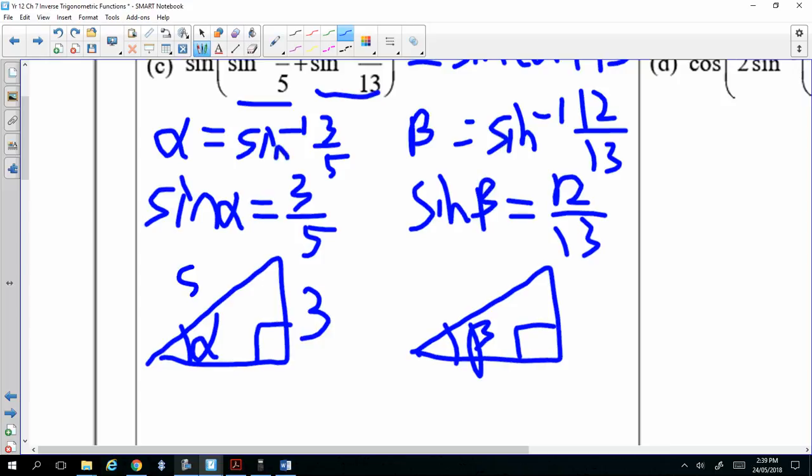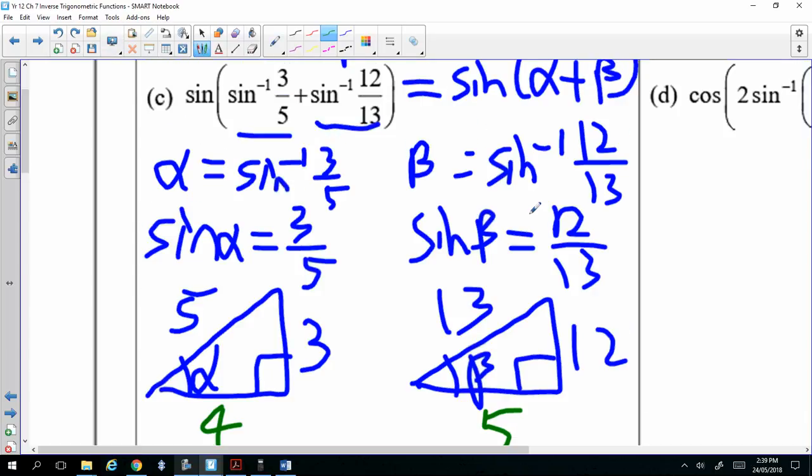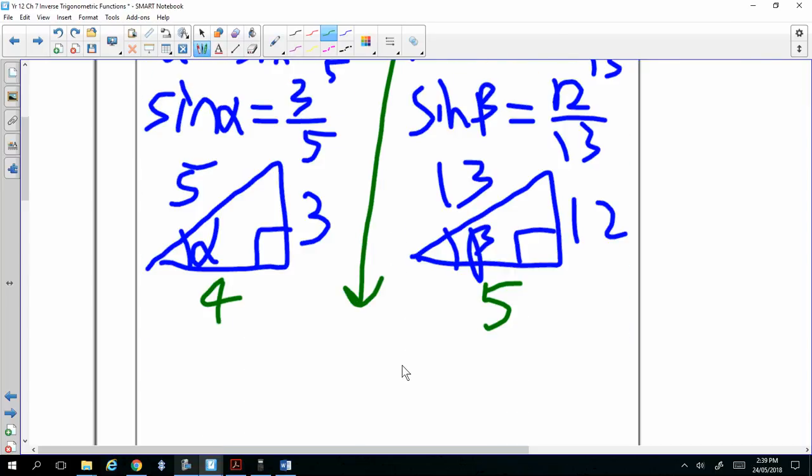Okay, now what do we do with the triangles? Once we drew the triangle, we can now expand this. Alright, let's expand this. We're going to use different color pens. Sine of alpha plus beta equals sine alpha cos beta plus cos alpha sine beta.